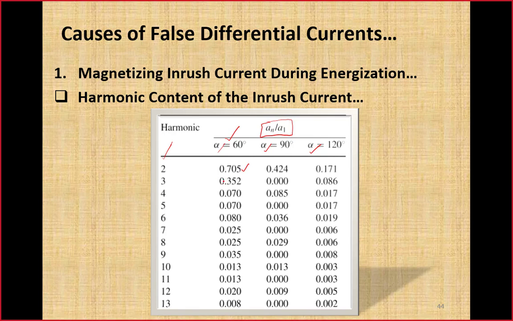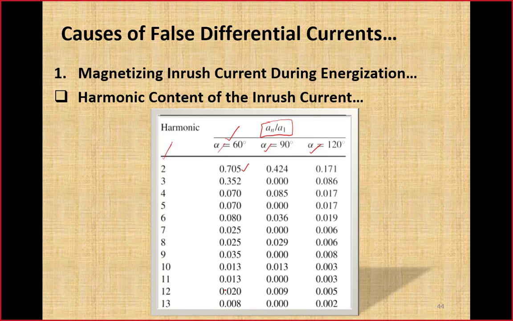Next we can see the third harmonic component was also dominant, that is 35% of the magnitude of the fundamental. Then fourth, fifth and sixth onward were of smaller magnitude but still have 7%, 7%, 8%, 2% and so on.